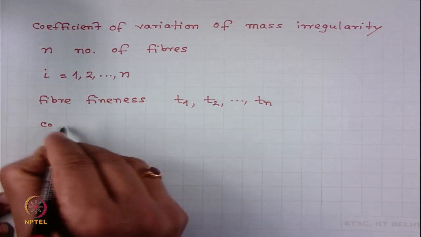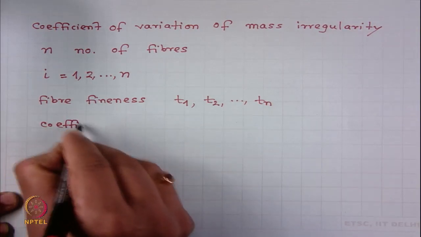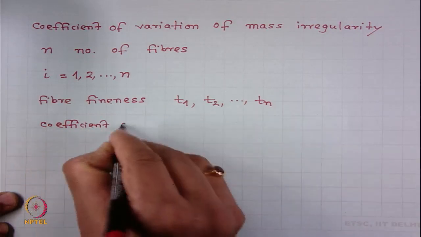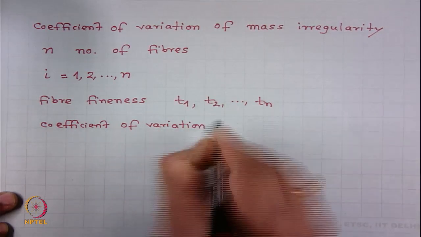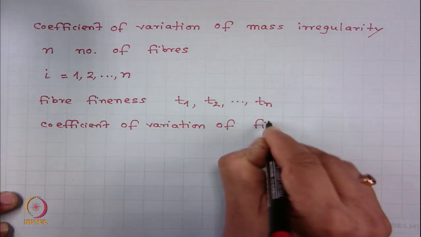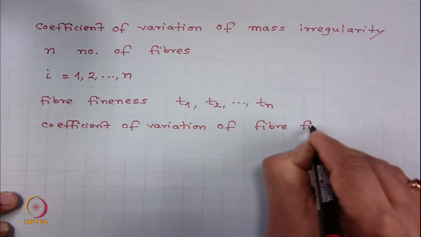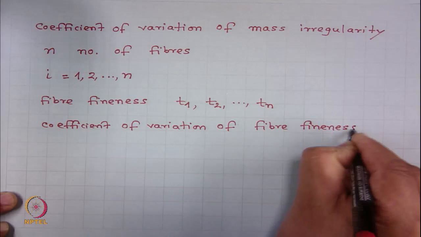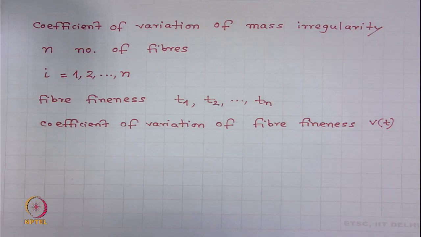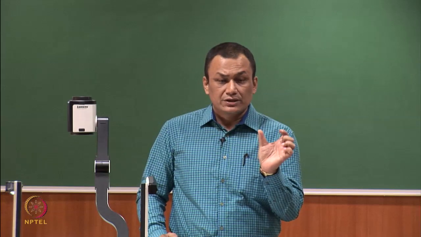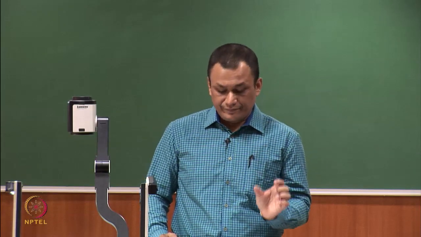Coefficient of variation of fiber fineness we denote by V t. Again it is dimensionless.